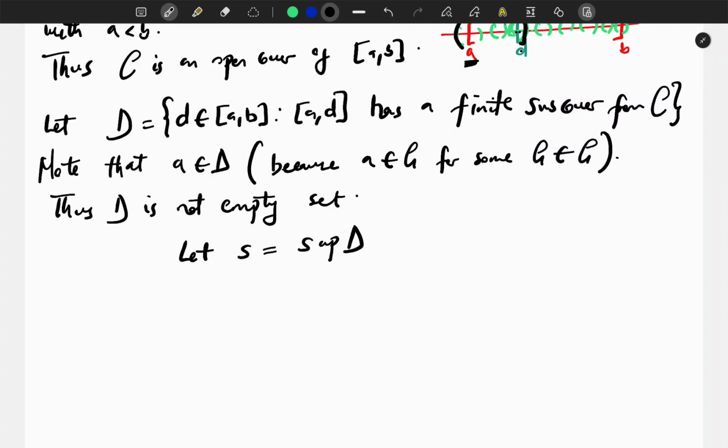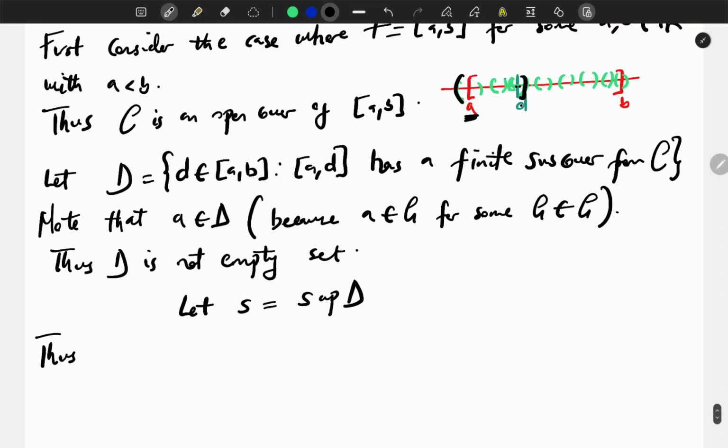If that should be the case, x is in [a, b].